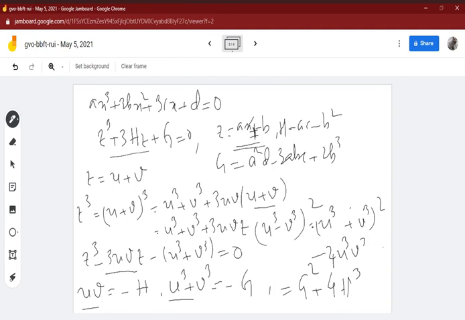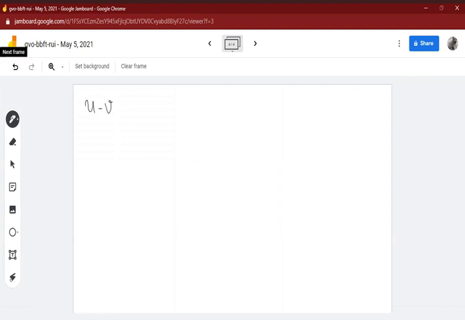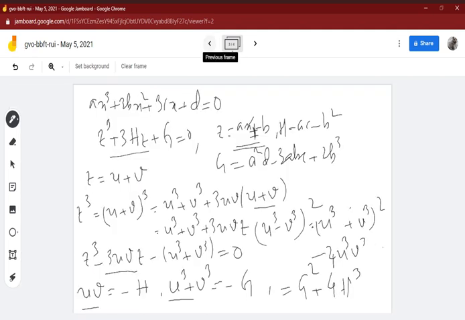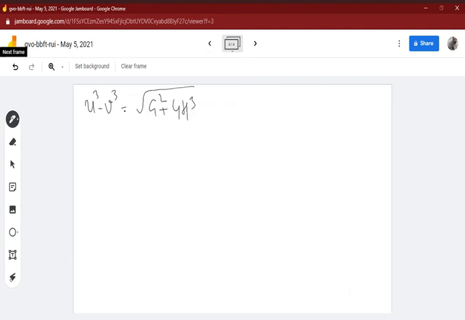Therefore u cube minus v cube equals square root of g square plus 4h cube. We'll take the positive part. So understood now? u cube minus v cube is square root of g square plus 4h cube.